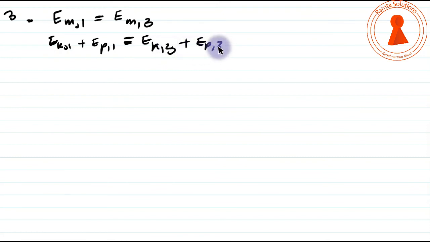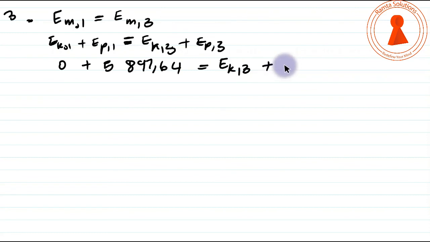Now EK at point 1, we said it was 0, and we found our EP at point 1 to be, if my memory serves me well, 5897.64.